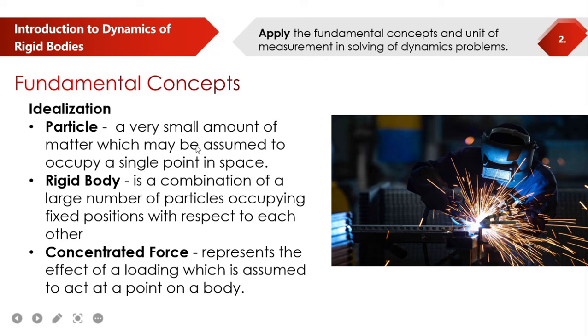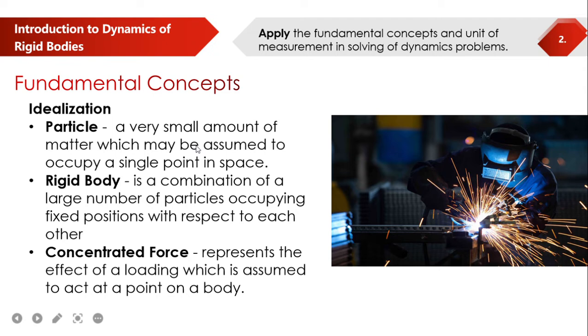Next is the rigid body. It is a combination of a large number of particles, grouped together, with fixed positions with respect to each other. So it is simply a combination of a number of particles.